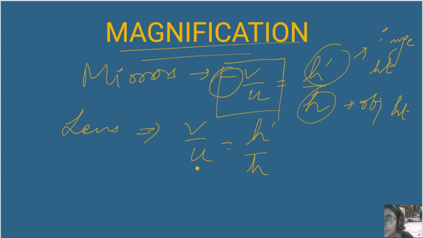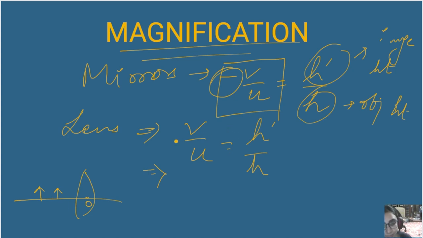Also, one thing, when we are writing formulas, we will put the negative and the positive sign accordingly as given in the formula, but when we substitute, we will always give the appropriate signs. Like if this is the lens, this is the object, and this is the image, then we know both are on the left side of the optical center, so both of their distances will be negative.